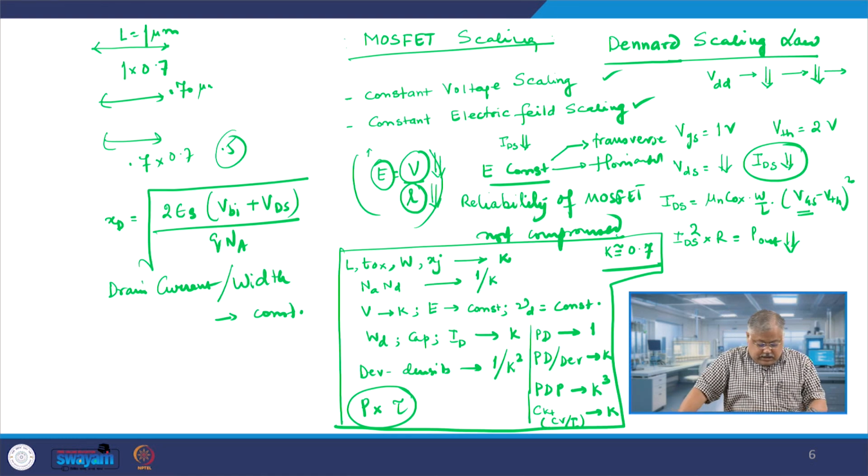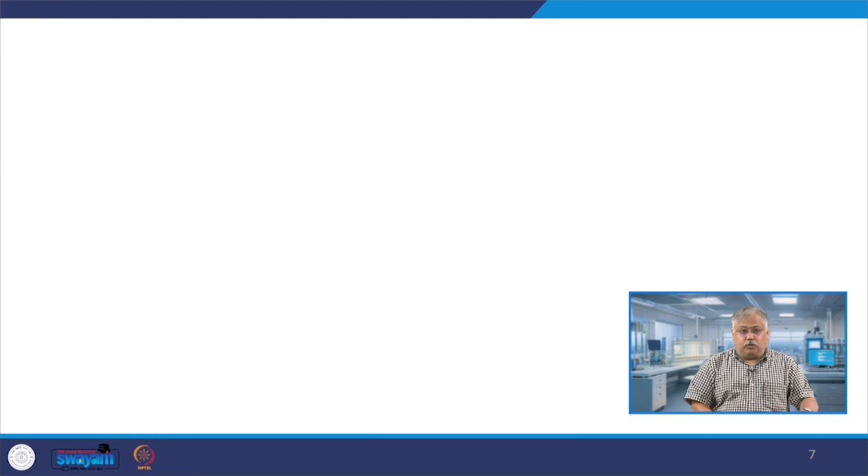Now, this gives you a brief idea about the constant electric field scaling model. What I was discussing earlier was that the threshold voltage will also go down. There will be a change in the threshold voltage by virtue of the short channel effect when it goes to very low values.